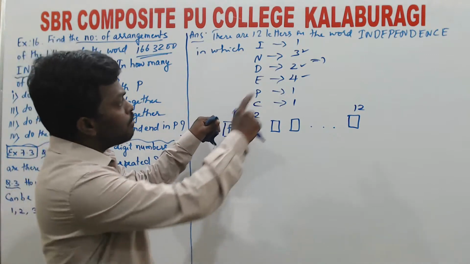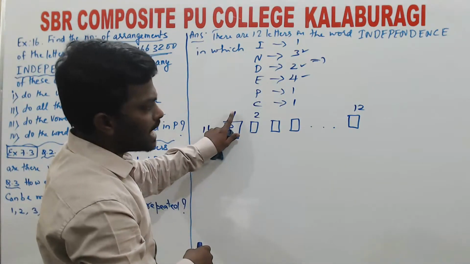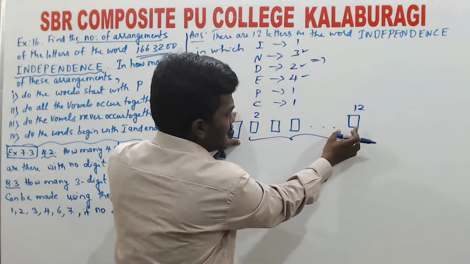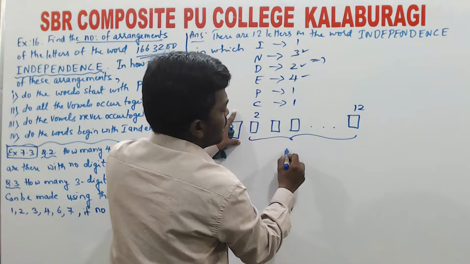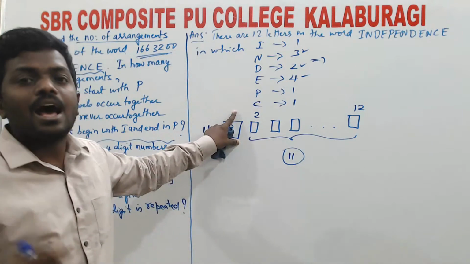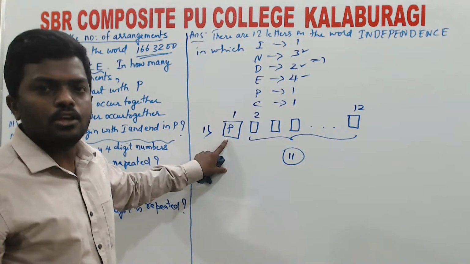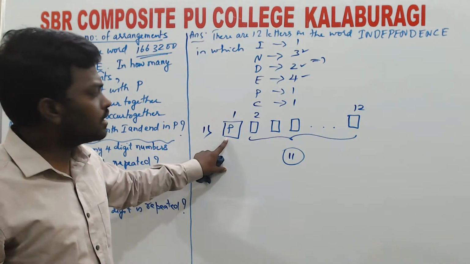Now, among the 12 letters, P we have used and it is fixed. So now we should see in how many ways the remaining 11 are arranged, because the first place is to be filled by P. You can fill it in one way only, right?